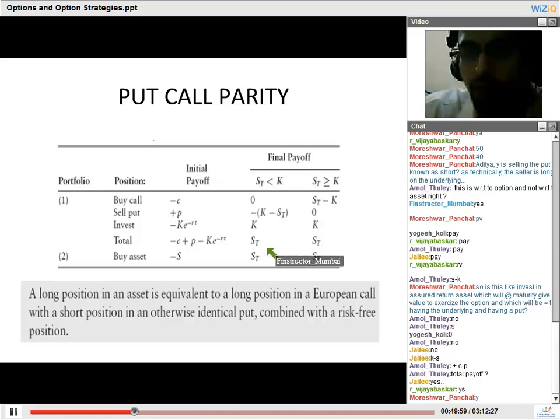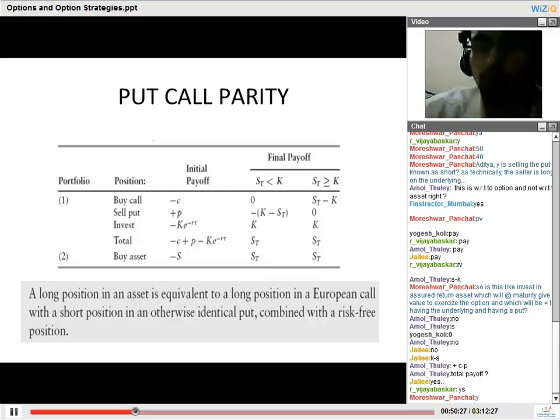At maturity, what will be the value of your portfolio? It will be the stock price at maturity. So do you understand that both portfolio 1 and portfolio 2 are giving you ST at maturity?